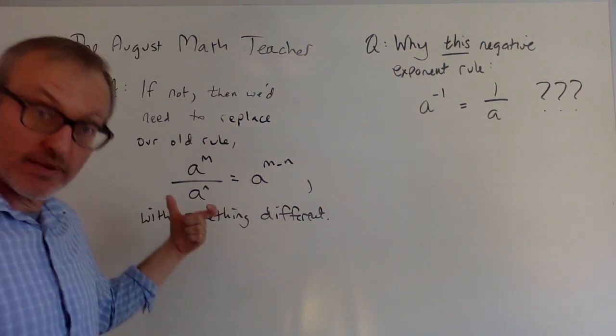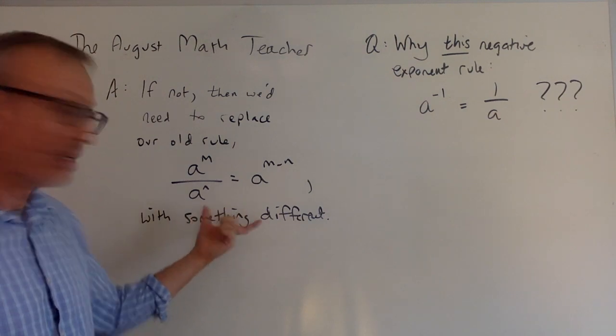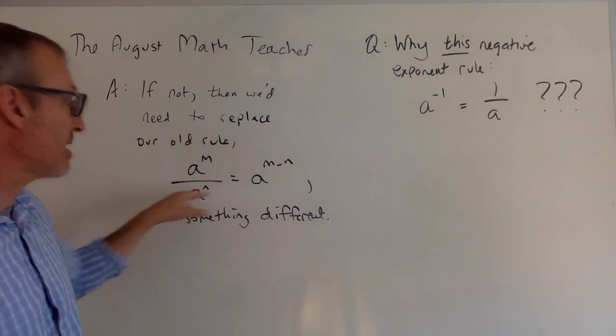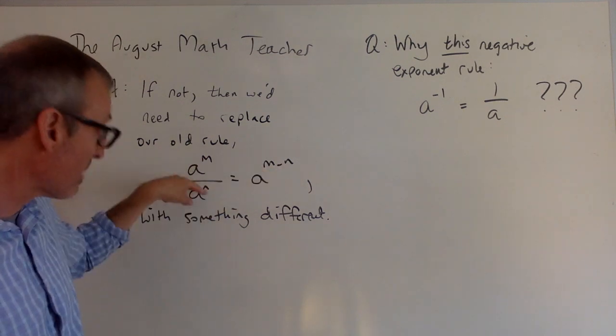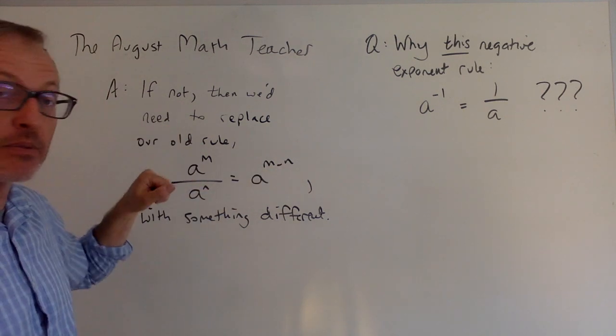Now, you have learned this rule, presumably, that if you take a to the m and divide by a to the n, that's supposed to be equal to a to the difference between those powers, where you take the top one, subtract off the bottom one.